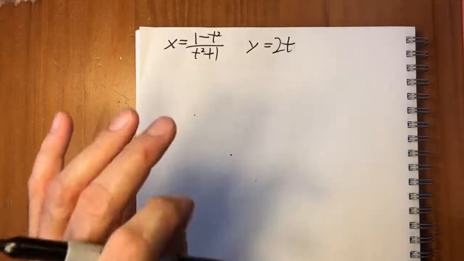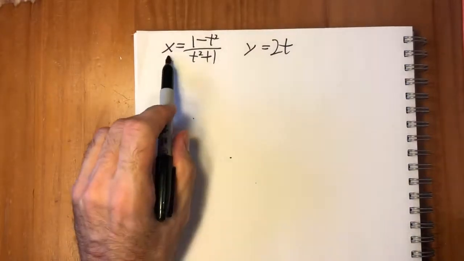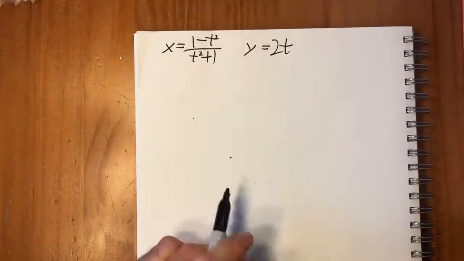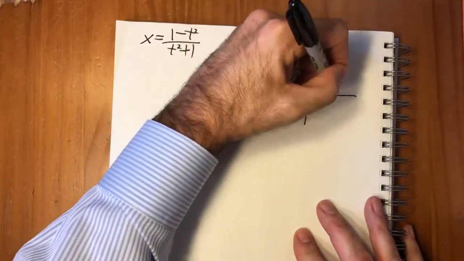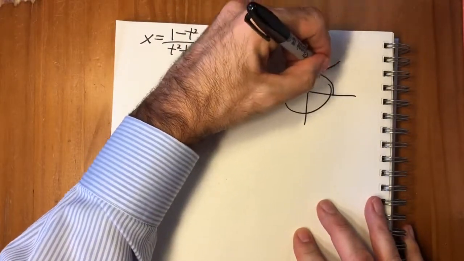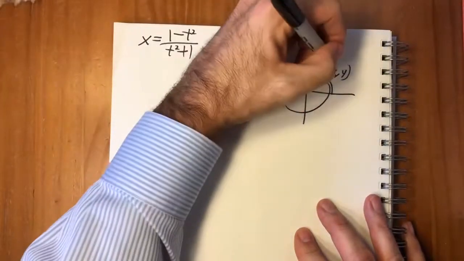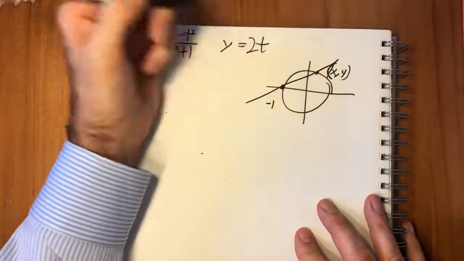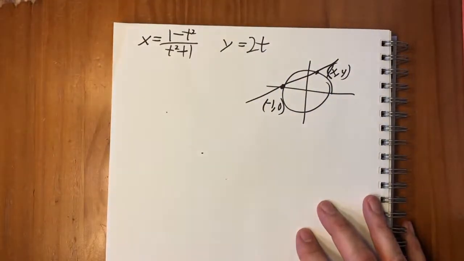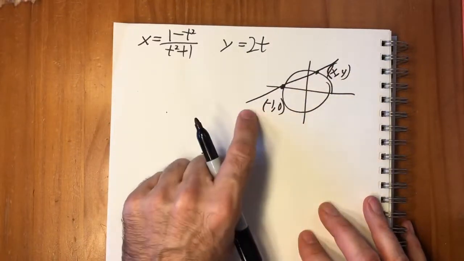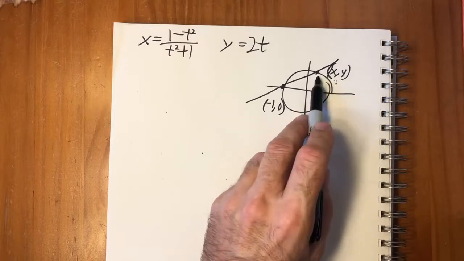So first, we did accomplish what our sub-goal was. Now we have x and y in terms of t. So before we move on, let's look at that. Now we have a circle here. For any t, we'll come out with a point x comma y on this circle.